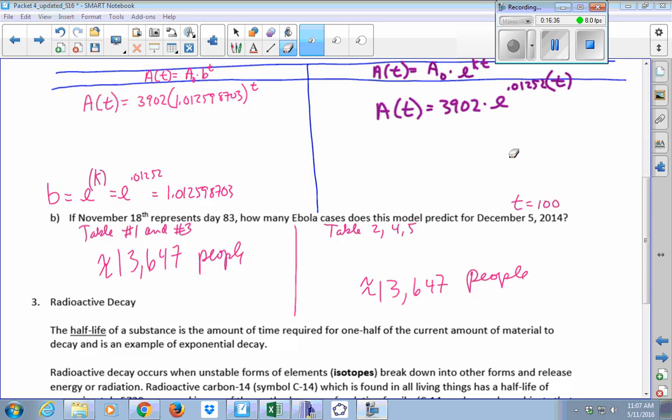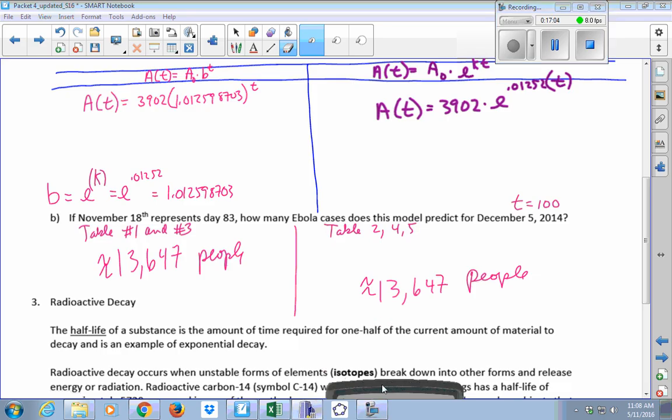Even though initially a 1% growth rate in this virus didn't seem like very much, the number of people grew, and this is the phenomenal result of exponential growth because it's proportional to your population. So as your population gets big, you're taking that same percentage, but now it's of a bigger number. So what you're adding on is getting bigger and bigger and bigger, and it grows so incredibly fast.